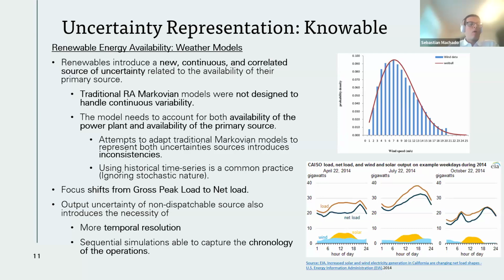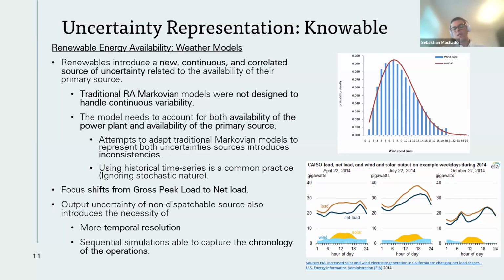Also, some other broader impacts of variable renewable energy on resource adequacy methods include a shift from gross peak load to net load because of the nature of these resources. Also, there is a need for higher temporal resolution because the uncertainty of the non-dispatchable source requires finer time granularity to capture short-term fluctuations.